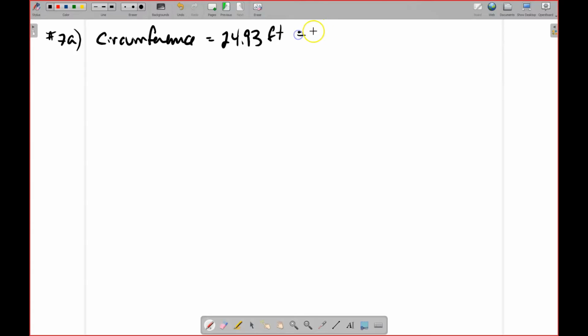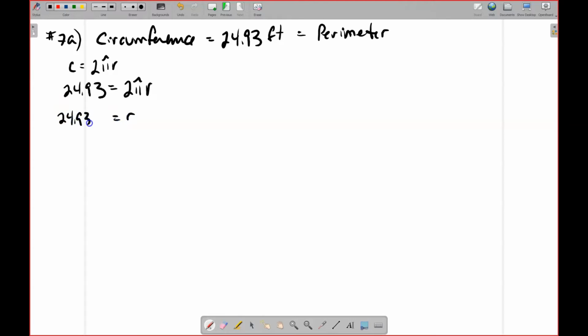Okay, so as well as circumference, you can also think of that as the perimeter. Either way, the circumference is equal to 2 times pi radius. So since we've been given the circumference, we've got 24.93 is equal to 2 pi r. So then we can find the radius by taking that 24.93 and dividing it by 2 pi.